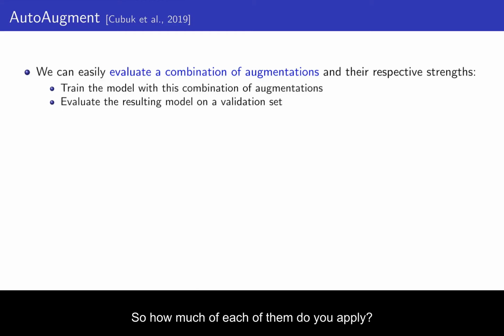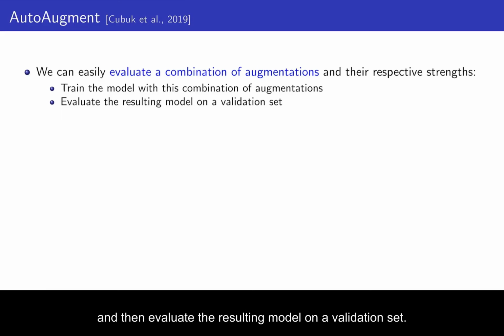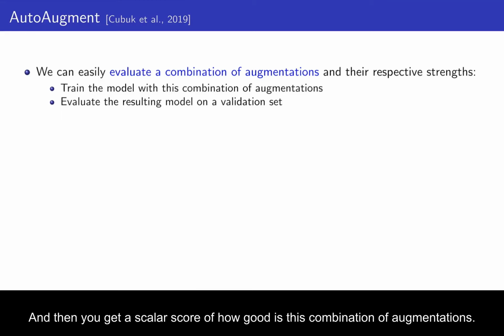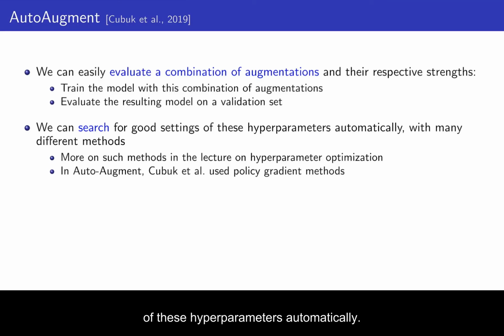So how much of each of them do you apply? In order to do that, you would simply train the model with this combination of augmentations and then evaluate the resulting model on a validation set. And then you get a scalar score of how good this combination of augmentations is. And then you can have a meta-level search process that searches for good settings of these hyperparameters automatically.